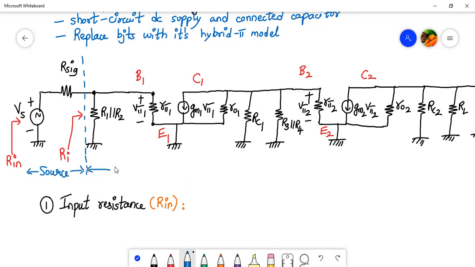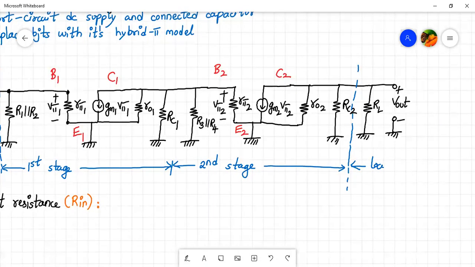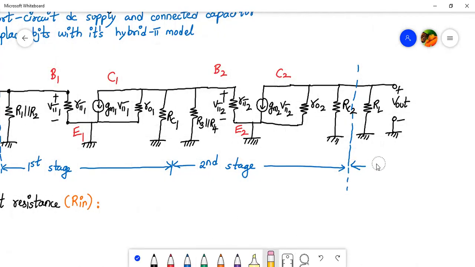This is my first stage, and over here it completes. And here we have a second stage, from here to here, and then we have RL, and this is my load. It's very important to identify them so that we correctly determine the parameters.